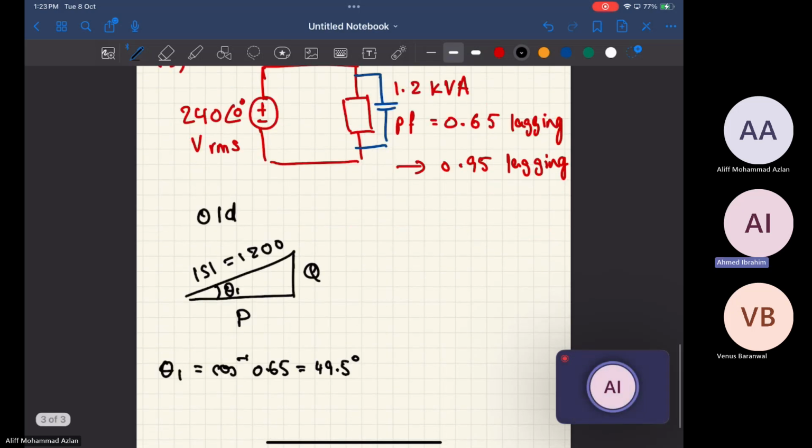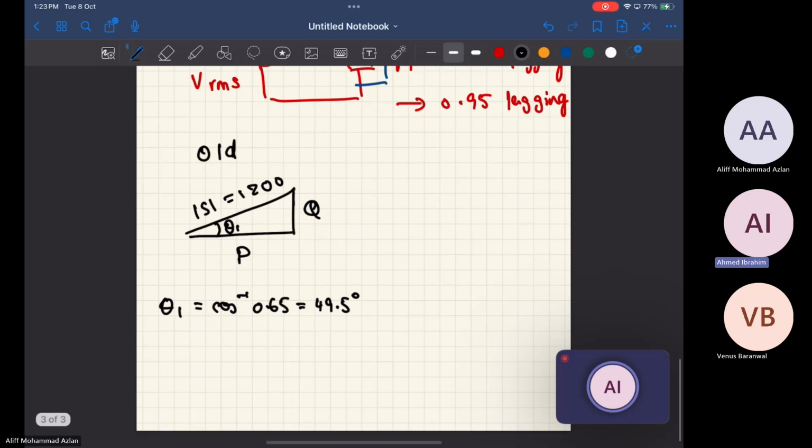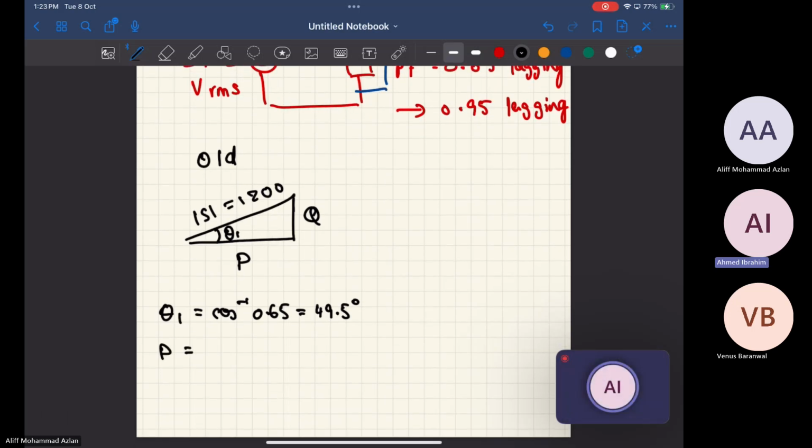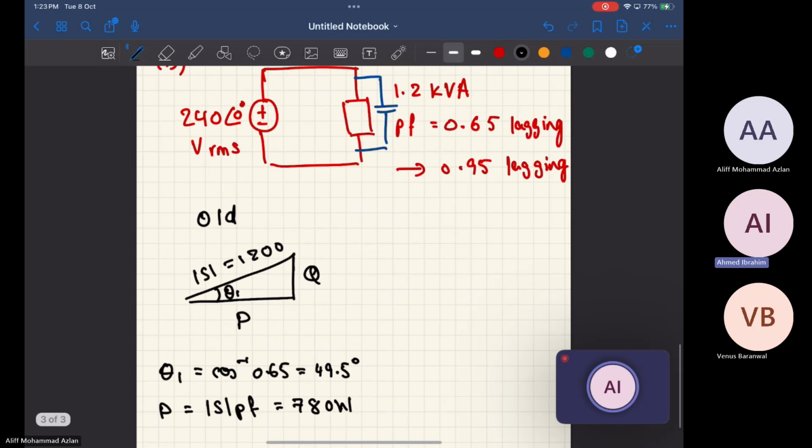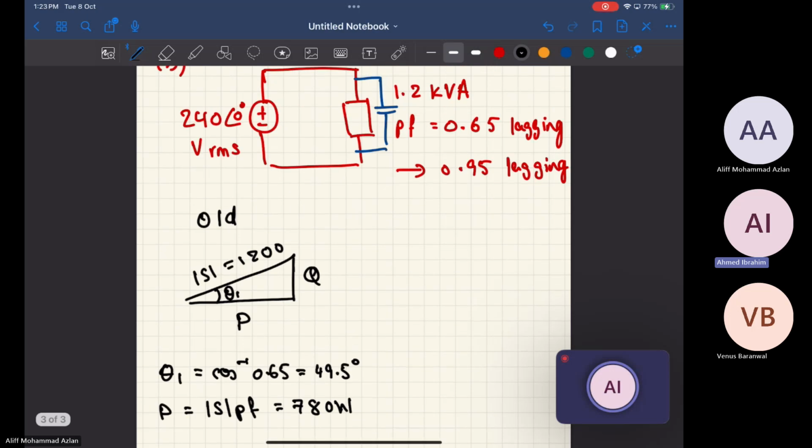To calculate average power, that is just apparent power times the power factor. That's just basic trig rules, and that gives us 780 watts. And we can calculate Q by doing S times sine theta.